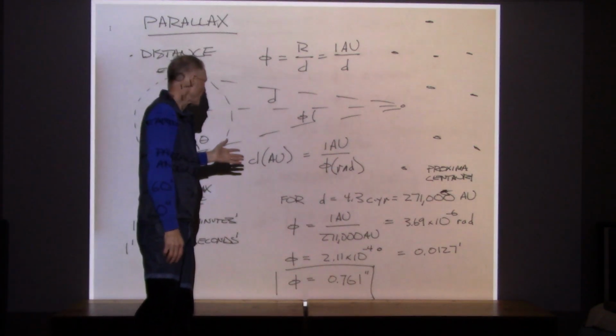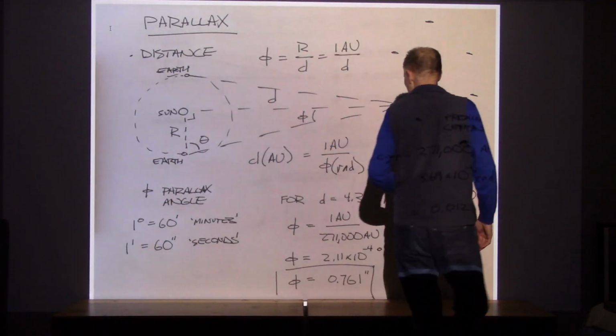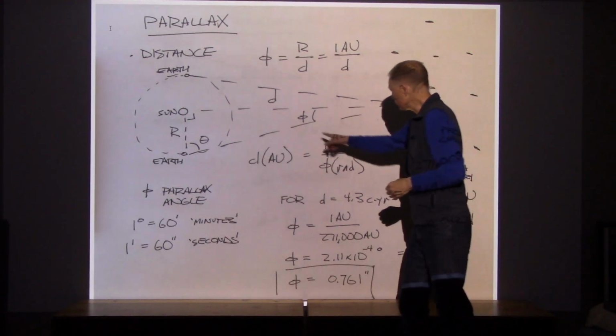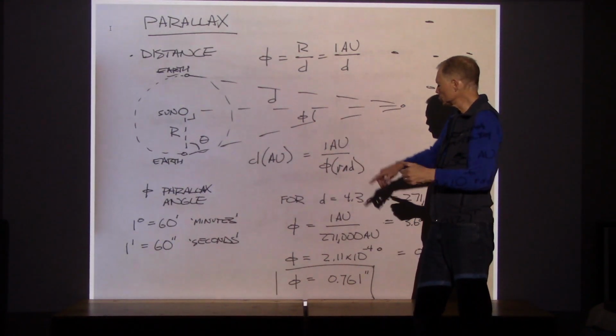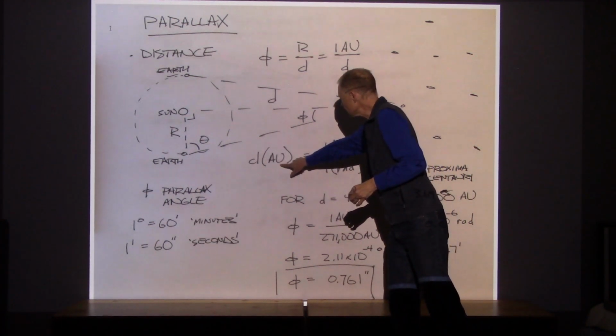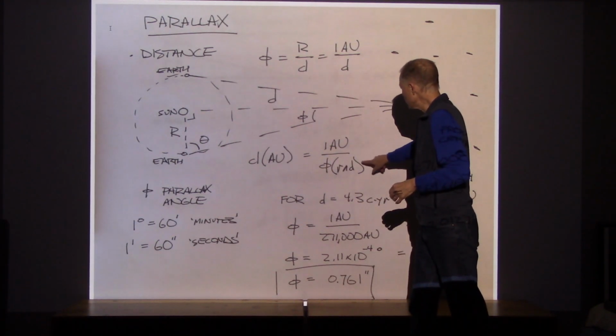So let's try that. Let's see what we would expect for that parallax angle. So the formula we're going to be using is this. So we're going to flip this around, not in this example, but in future examples. There's a homework problem or two on this. Distances in AU can be measured by taking 1 AU divided by the parallax angle.